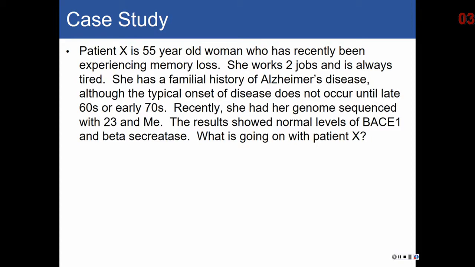The results show normal levels of BACE1 and beta secretase. So remember, beta secretase is the enzyme that's going to cleave off that little end of the APP protein and lead to the agglomeration in the tangles that you get with Alzheimer's disease. So what's going on with patient X?